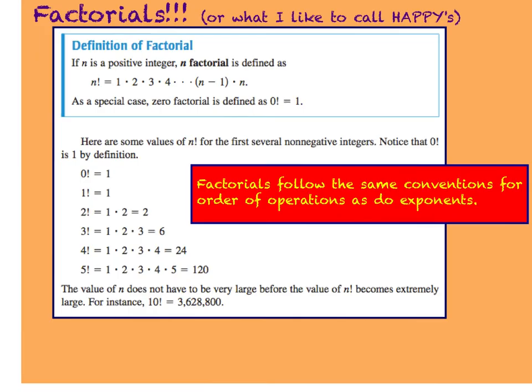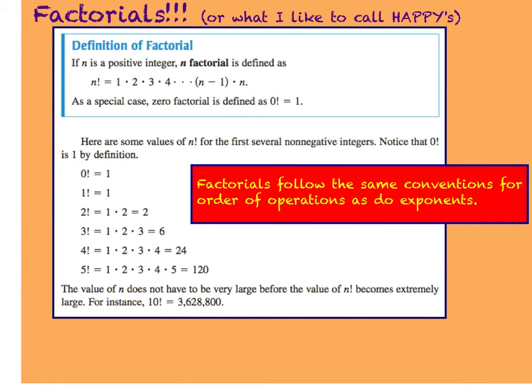All right, factorials are what I like to call happies. So these are factorials, and I think of it as kind of like a countdown. I don't really go forward. I like to go backwards. So if it's 4 factorial, it would be 4 times 3 times 2 times 1 blast off.